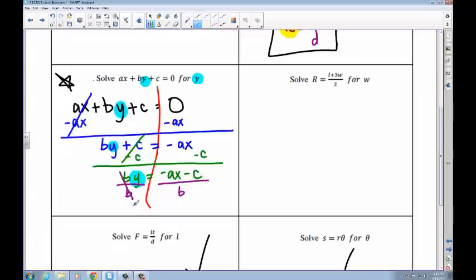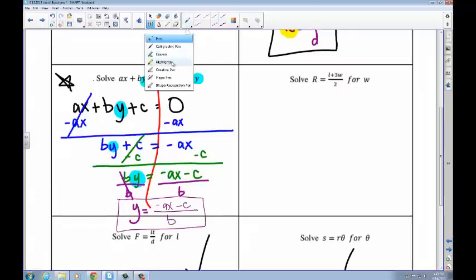That cancels. And my answer is y is equal to negative ax minus c divided by b. And so we'll write that so we can see that a little bit better. Negative ax minus c all divided by b. And we have isolated that y, and that's exactly what we needed to do. So that's why.